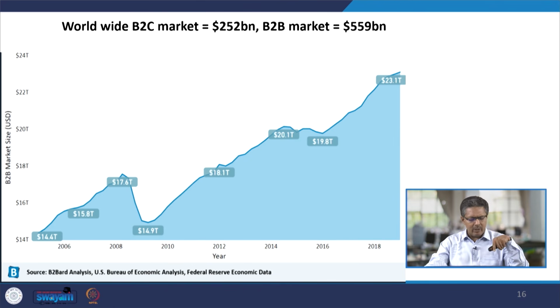And obviously, you can see the depression around 2008 to 2010, the time when the crisis, the recession, had happened in the world. So, you can see the absolute value has moved from 14.4 trillion to 23.1 trillion, almost a 9 trillion jump. This says that the B2B market is significantly bigger than the B2C market, right.